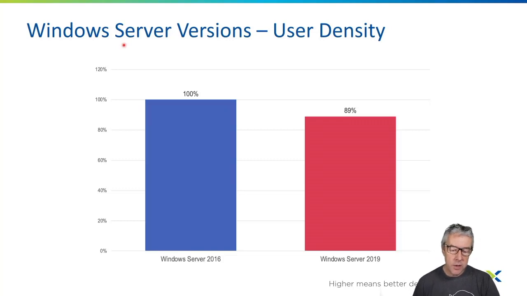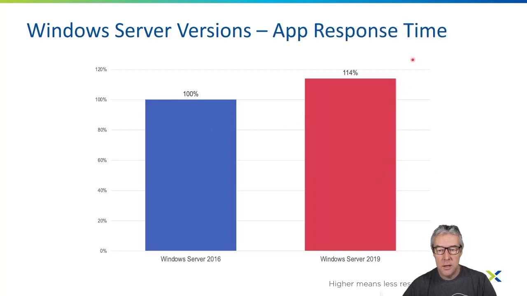So if you're using virtual apps on Server 2016 or Server 2019, again, a difference in user density. So a reduction here in user density. Look at the application response time. Again, a change in the response time between Server 2016 and Server 2019. So we need to understand, we need to know which versions are being used, which versions you want to deploy, to be able to get a better or more accurate sizing.